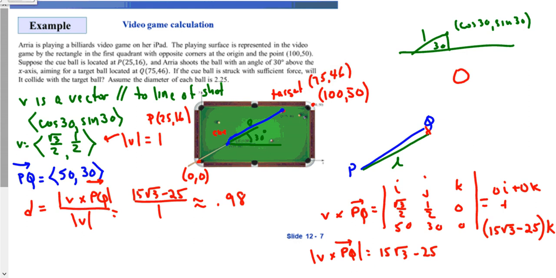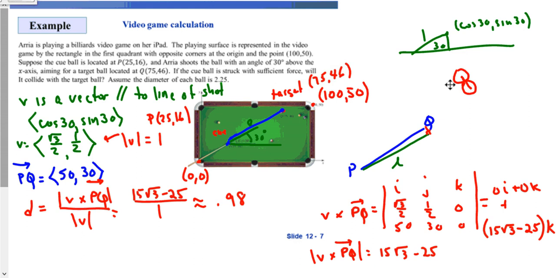So if we had two balls here, and we're assuming that the center of the ball is where the point's location is, and each ball is 2.25 inches across, then this distance is 2.25 and this distance is 2.25. As long as the distance between those two centers isn't greater than 2.25, those balls will collide.